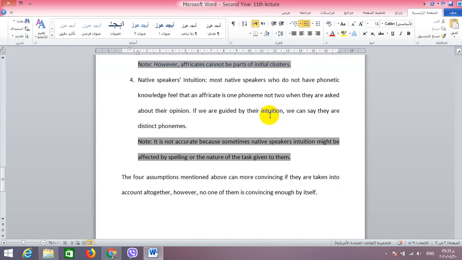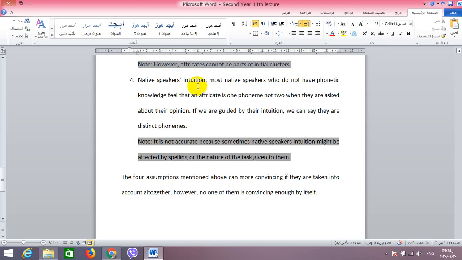The fourth assumption is to depend on native speakers' intuition, what we call in Arabic al-badiha. So what the native speaker says is supposed to be accepted and correct. If the native speaker says that ch and j are one phoneme, let's consider them one phoneme.